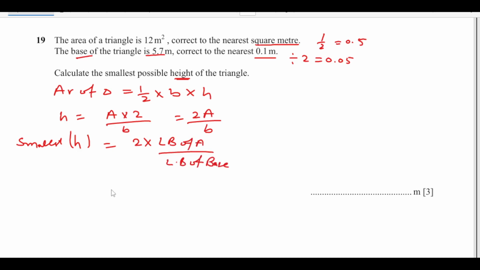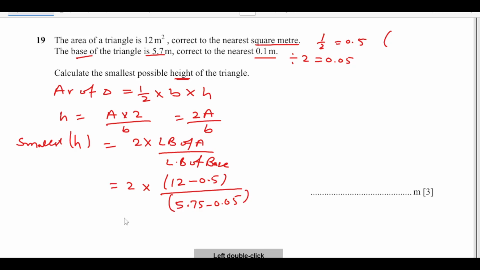So 2 times the lower bound of area, you are going to subtract: 12 minus 0.5, over the base bound, 5.75 minus 0.05, right? Yeah, so that's what you are going to calculate.